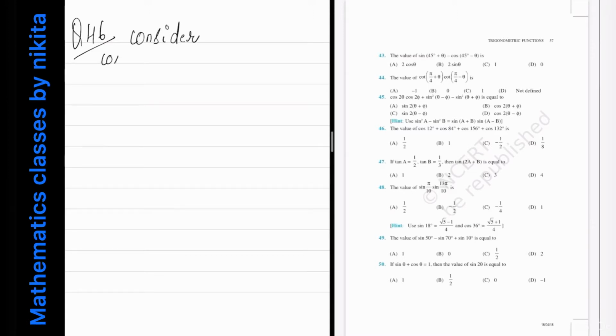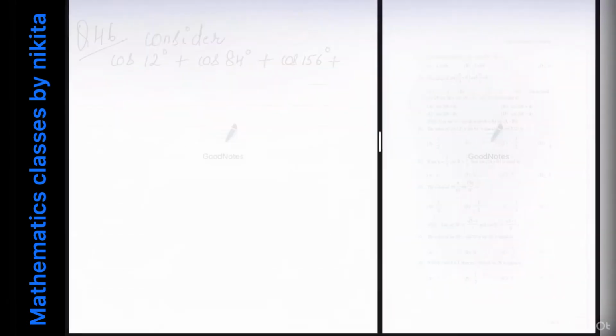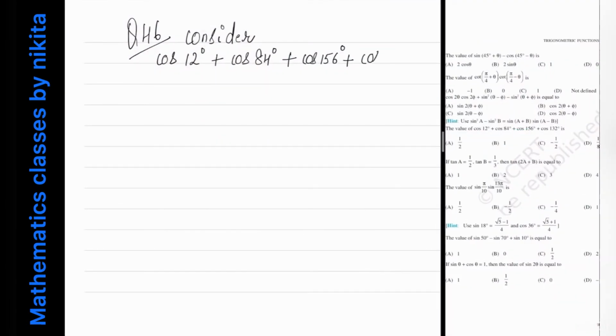Cos 12 plus cos of 84 degrees plus cos of 156 plus cos of 132 degrees. So what we will do is we will combine this term with this term.